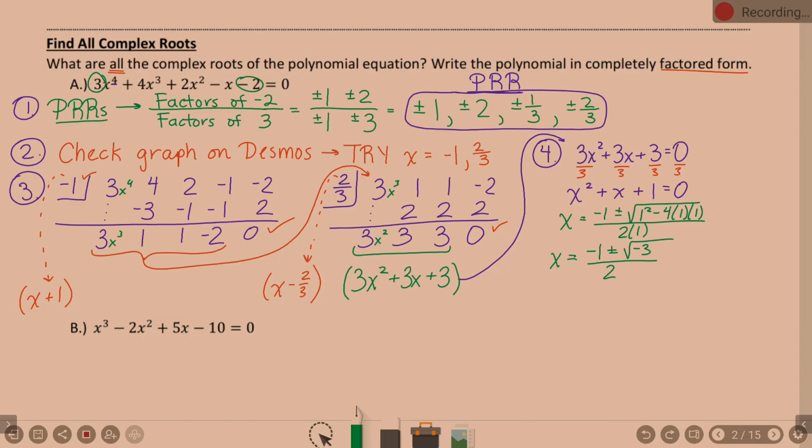Okay. What do we know about the square root of negative 3? Square root of the negative is a what out front? An i. Do we know the square root of 3? No. So I'm going to write this as negative 1 plus or minus i square root of 3, and I just have it all over 2.